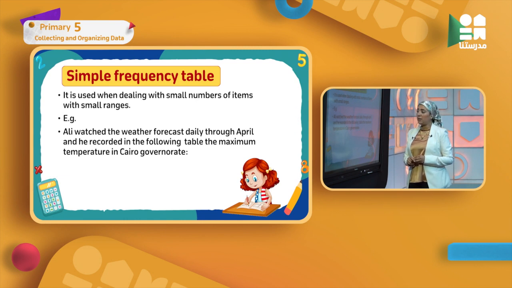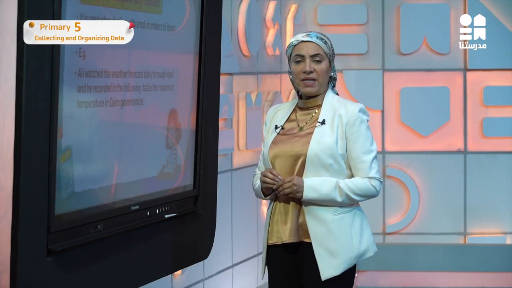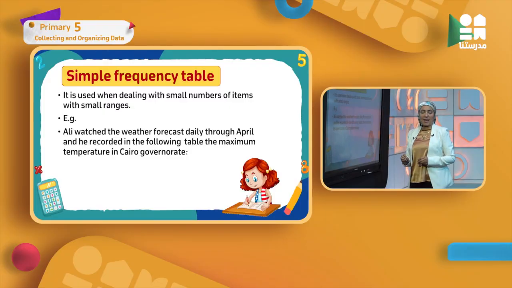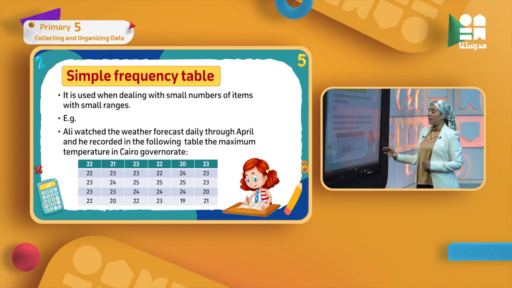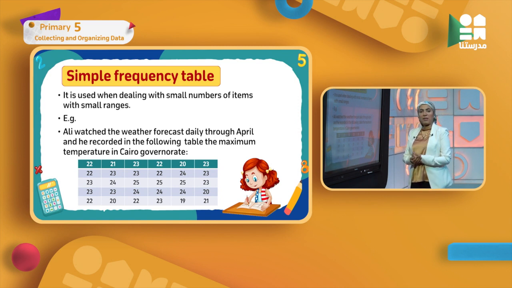And he recorded in the following table the maximum temperature in Cairo Governorate. He kept following the weather forecast in Cairo Governorate for 30 days, the days of April, and he recorded them in the table in front of you. If we look at the table, we will look for the lowest temperature and the highest temperature he reached, so that I can make a frequency table in which I record my data, or how many times each temperature appeared.